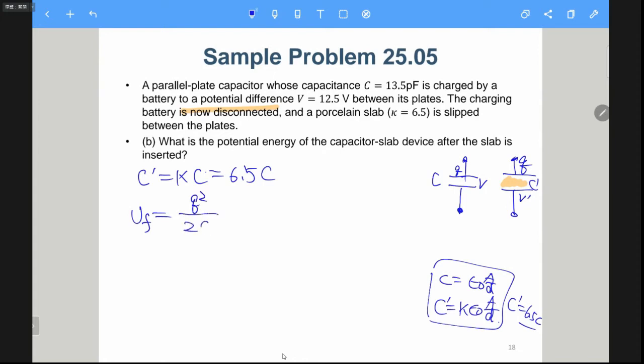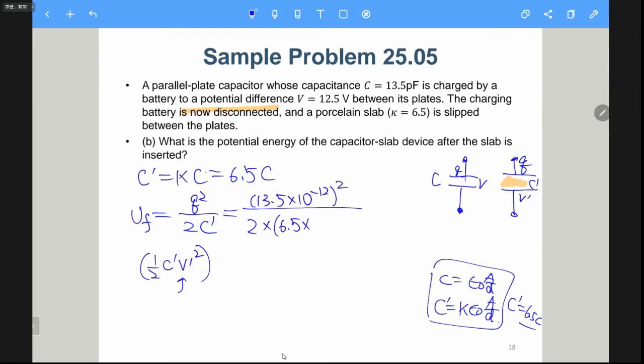Actually, you can also calculate it by 1/2 C prime V prime squared, but you would need to also find V prime. So to make things easy, we can just make use of Q squared over 2C prime.